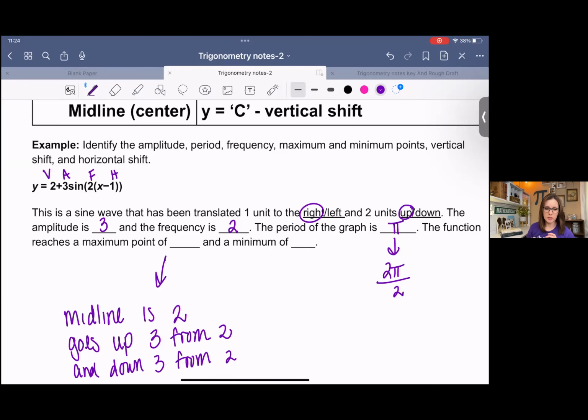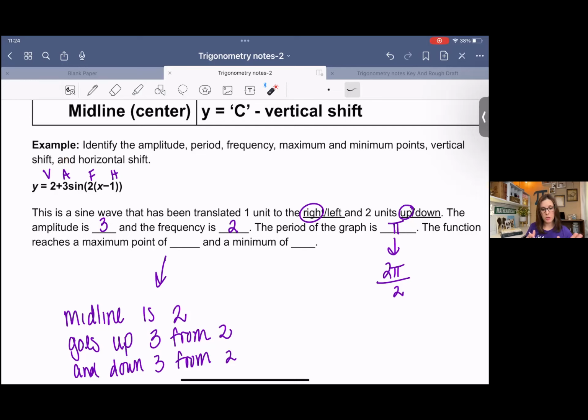For this one, I did a little bit of labeling before I started answering the question. I knew that this was going to be a vertical shift since it's outside the parentheses. I knew this was going to be a horizontal shift since it's inside the parentheses. The frequency was going to be in front of my x, and the amplitude was going to be in front of my function.